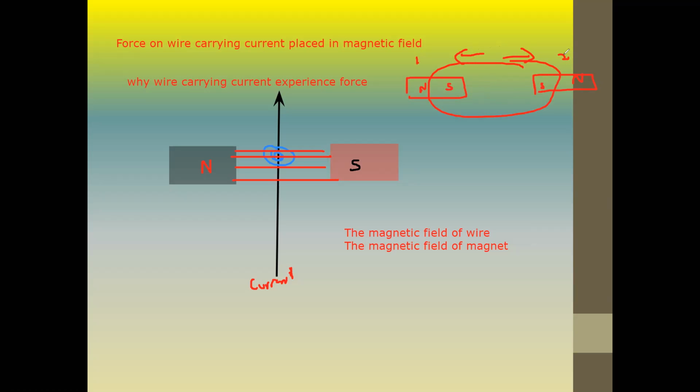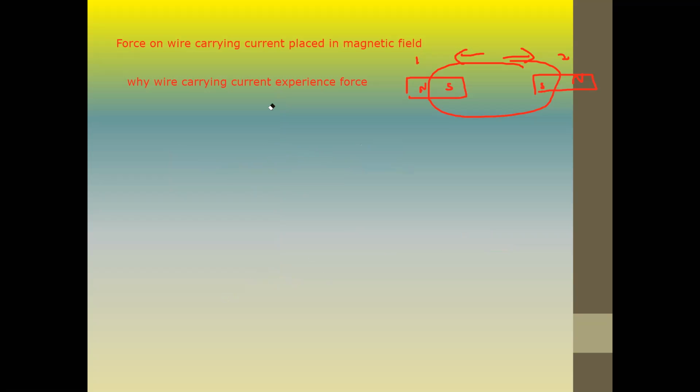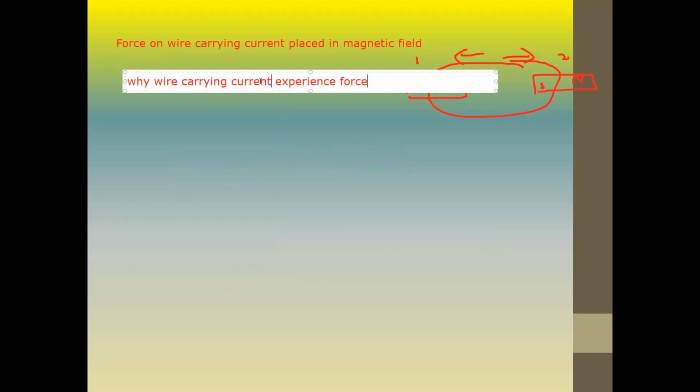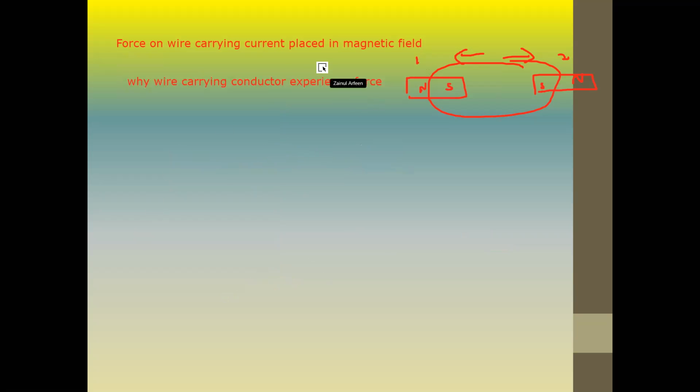So in this case, because we have two magnetic fields in the region, that is why this wire will experience the force. So the answer to why the current carrying conductor experiences force: the reason is the two magnetic fields.